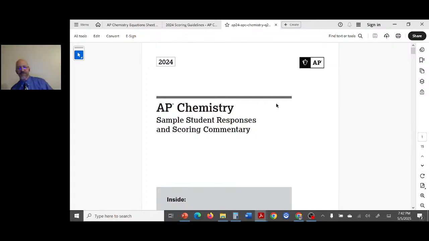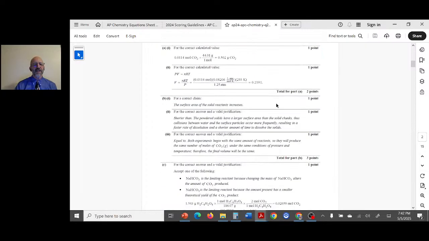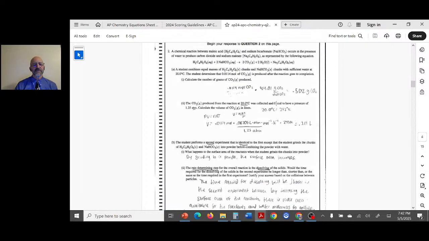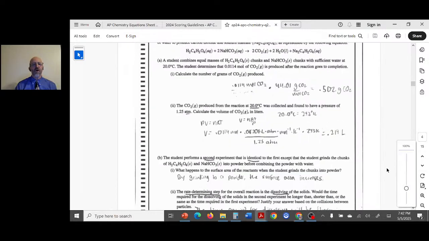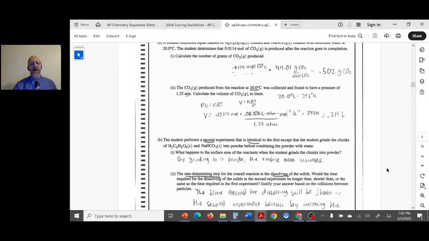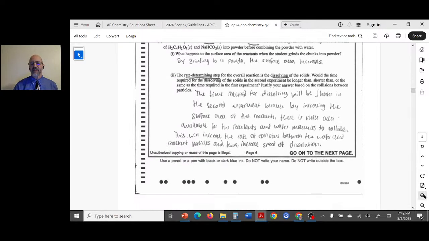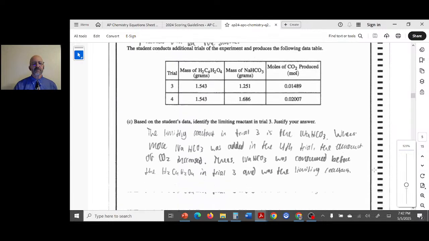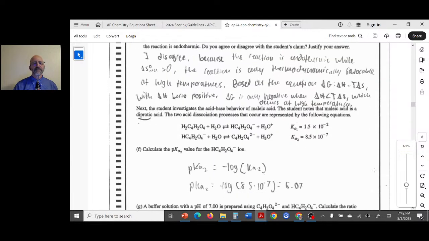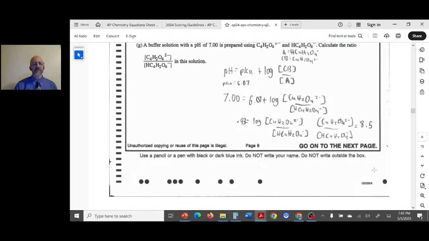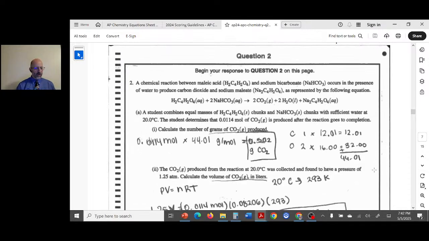So the first answer is going to be the full credit. That student earned all of the points, but I'm going to get to the student that didn't get full credit so I can focus on mistakes that they made, and that's going to be right about here. So this student earned 4 out of 10 points.